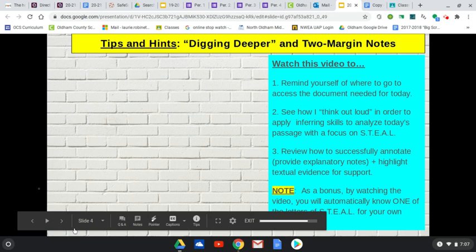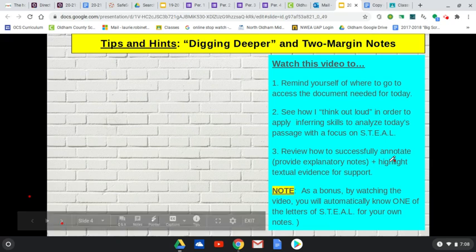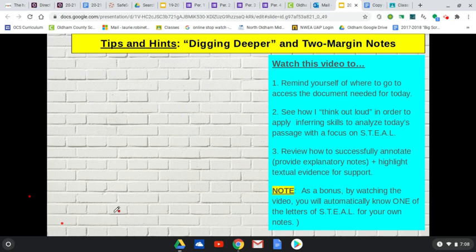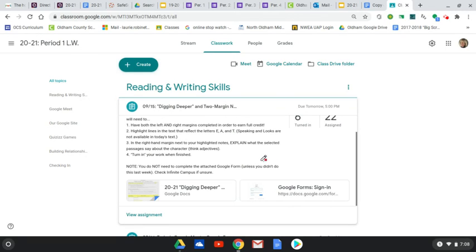Sorry, as I get us to the right place here, excuse me while I work through some of these little glitches. All right, with that said, you're going to make sure you access the document here. You're going to make sure you refer back to the reminders here.